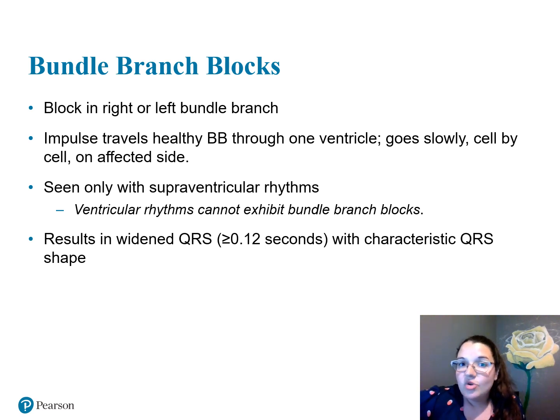So the only time you're going to see a bundle branch block is if we have a SVT, supraventricular rhythm. A ventricular rhythm cannot exhibit bundle branch blocks. Results are going to be a widened QRS, greater than or equal to 0.12 seconds, with characteristic QRS shape.